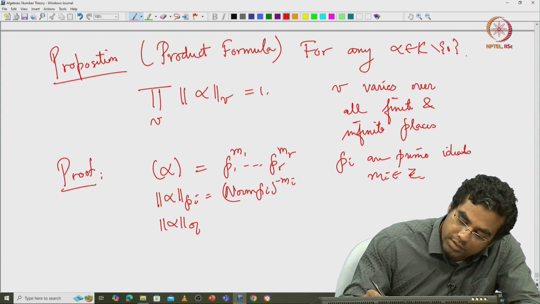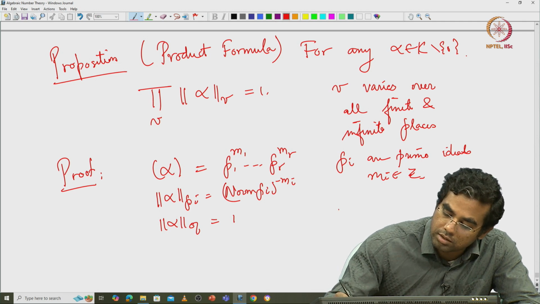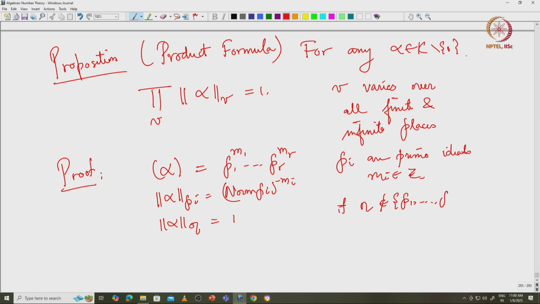The valuation of alpha with respect to any other place is just 1 if Q does not belong to P1 up to PR. And the product over V varying over infinite places of the valuation of alpha is equal to the norm from K to Q of the element alpha, not the ideal alpha. So, let me write it like this.